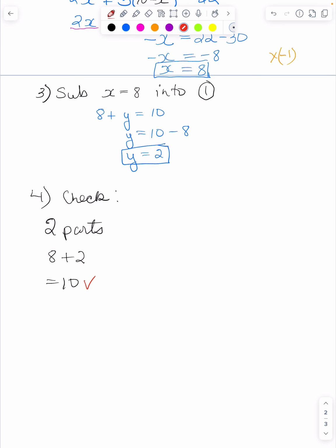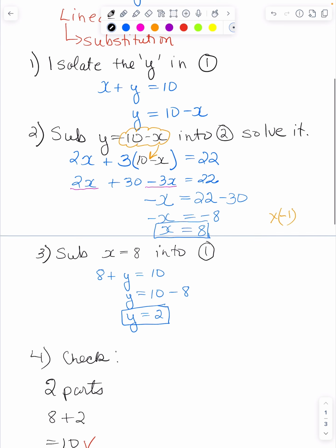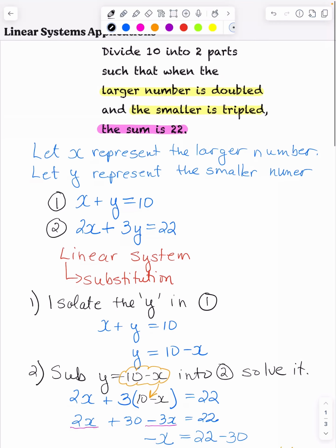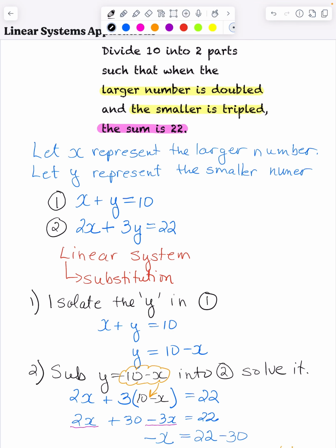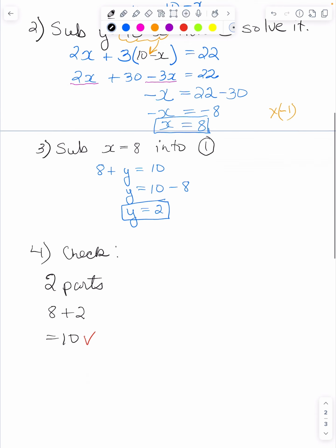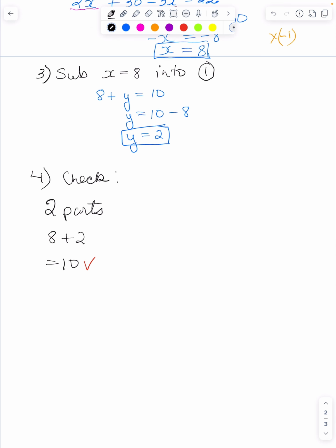Then I'm going to check what it tells me up here in the very top in the question. It tells me that the larger number is doubled and the smaller number is tripled, and I'm going to add those. So going back down here for my check, I'm going to take the larger number and double it, which is going to be 8 times 2.